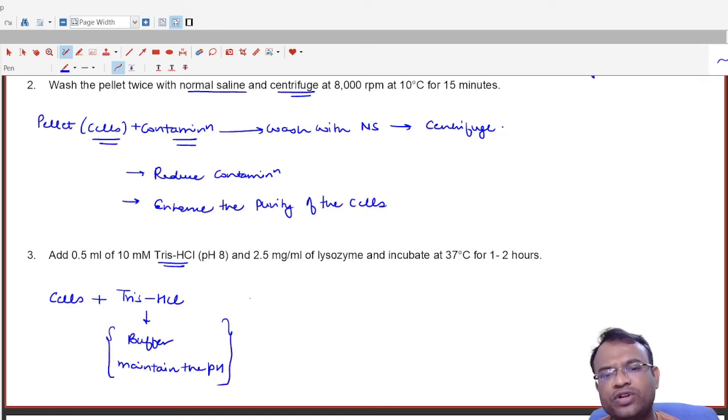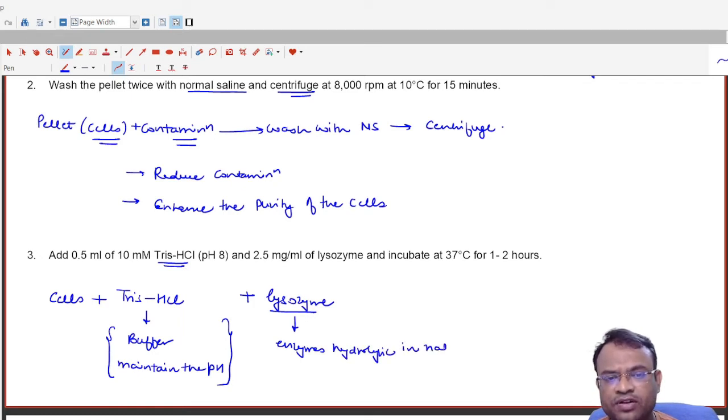Next, you are also adding lysozymes. What are lysozymes? Lysozymes are enzymes that are hydrolytic in nature, and this would basically break down the cell wall of the bacteria, because we are working on the bacteria, right?